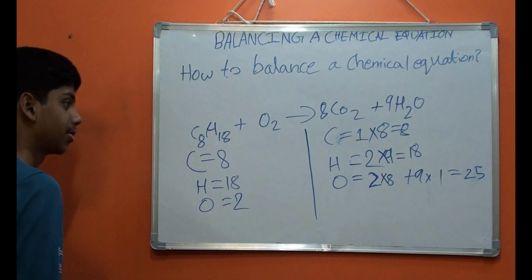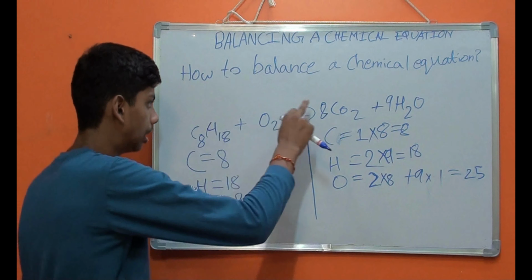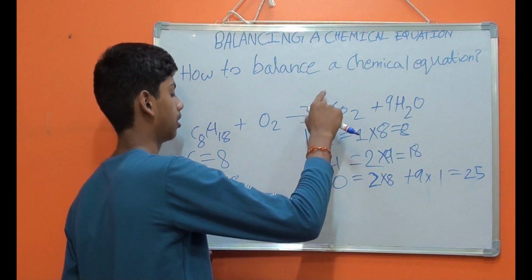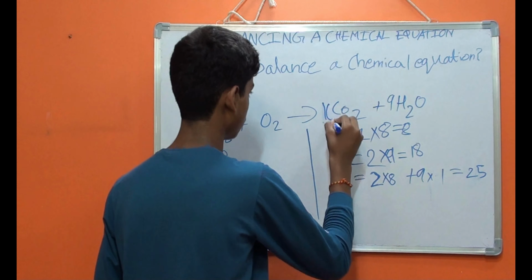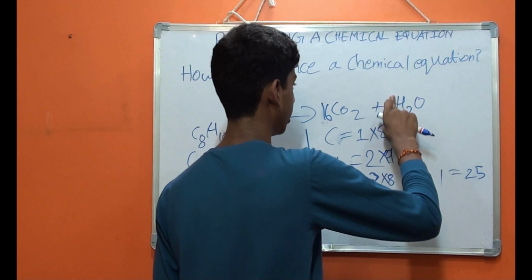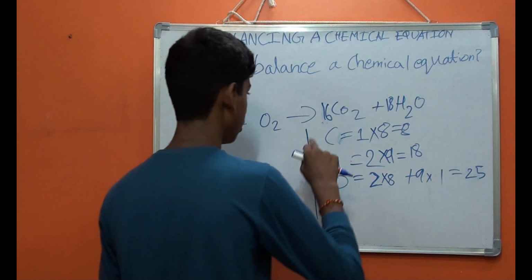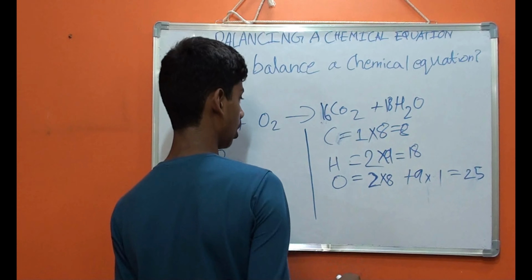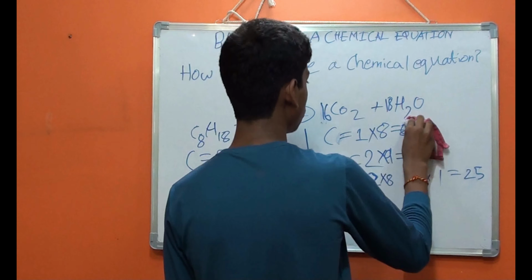25. We cannot balance these two, so we double this side, this one. So we write 16 and here we write 18. Then 16 carbon would become 16 into 1.